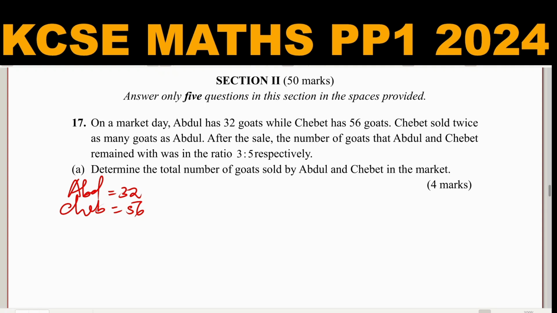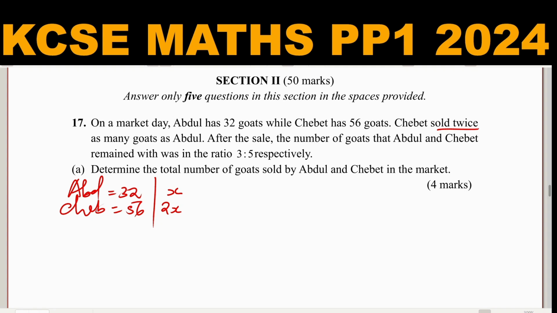Because we don't know the total number of goats sold by Chebet and Abdul, we can let the number of goats sold by Abdul be X. Since Chebet sold twice as many, it will be 2 times X, that is 2X. So the number of goats sold by Abdul will be X, and the number of goats sold by Chebet will be 2X.